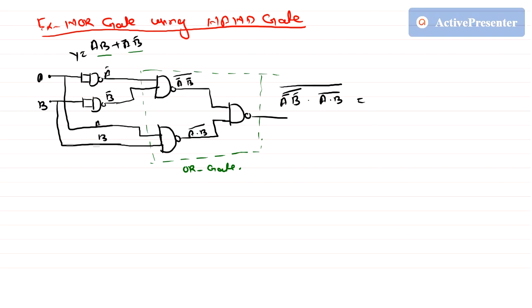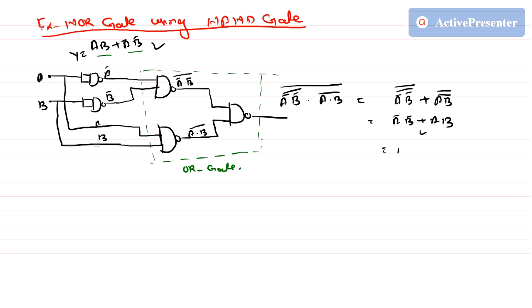If I use the De Morgan theorem here, what will be the output? (A bar B bar) bar bar plus (A B bar) bar bar. The double bar will get cancelled. What will remain? A bar B bar plus AB. So this is the output of your XNOR gate.